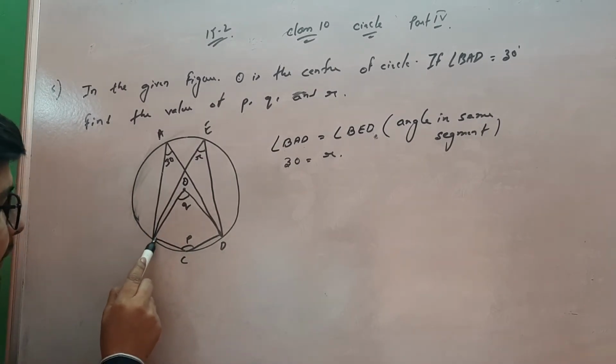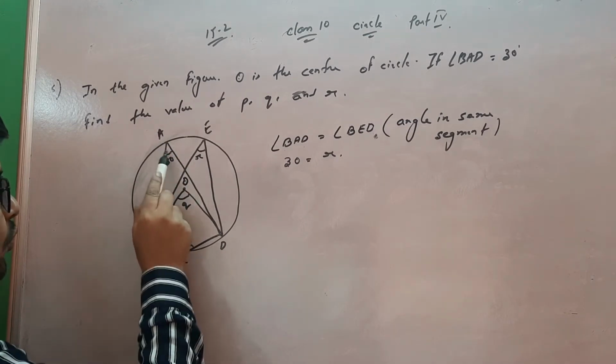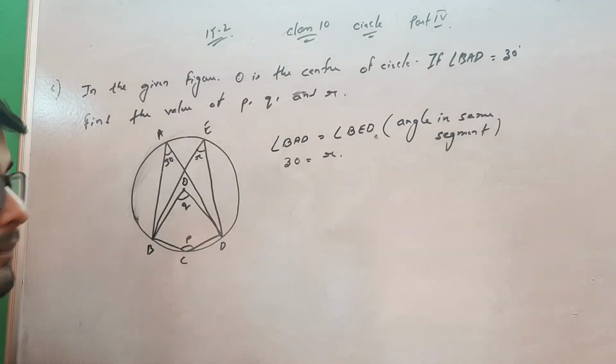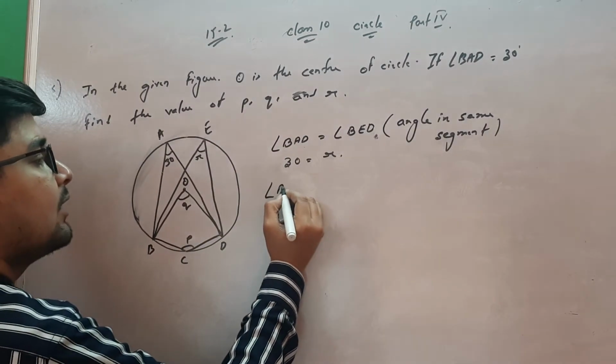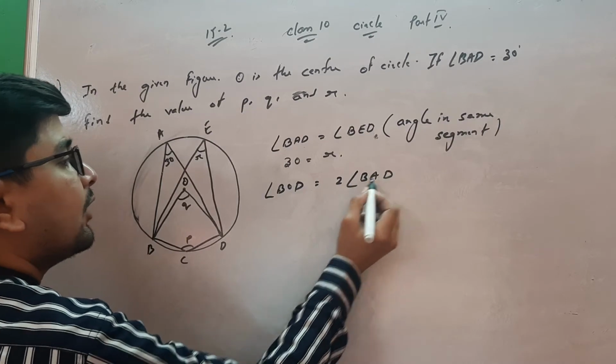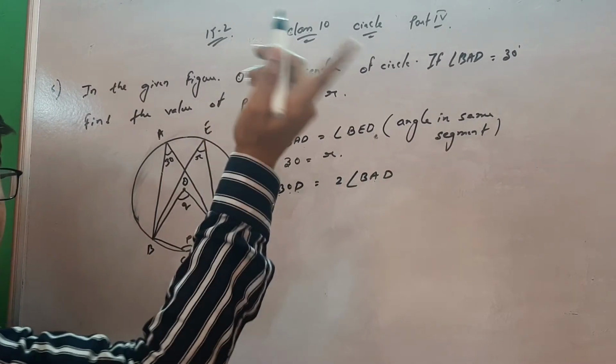We know that angle at the center equals double the angle at the remaining part of the circle. So angle BOD equals 2 times angle BAD. Both have the same base. One is the center and another one is touching the circumference.